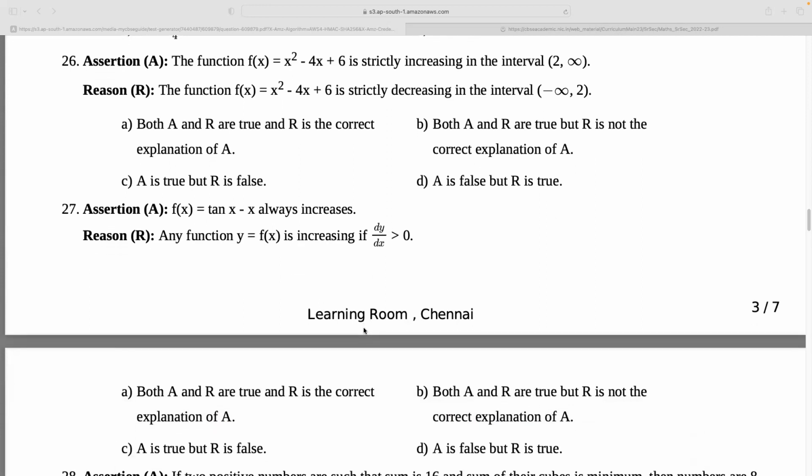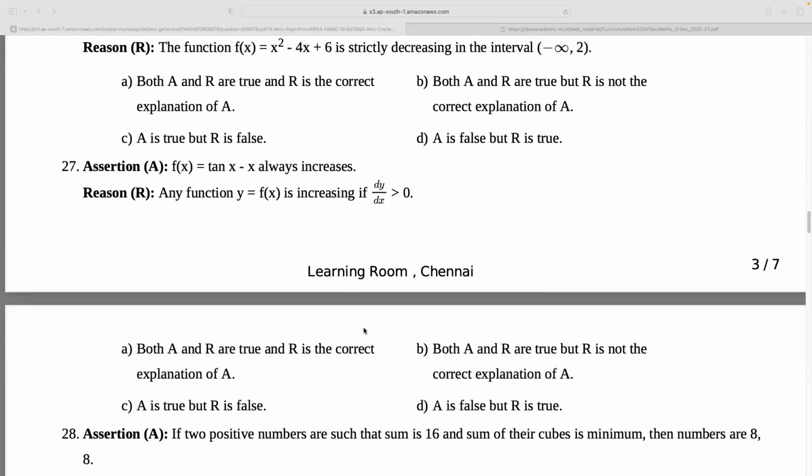Do the 27th one. F of x is equal to tan x minus x. So tan x minus x always increases, meaning its derivative is always greater than 0 for any real number. Check that.